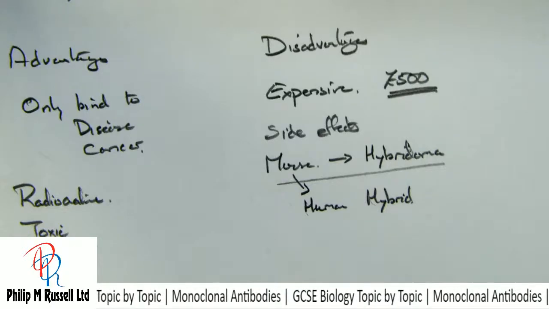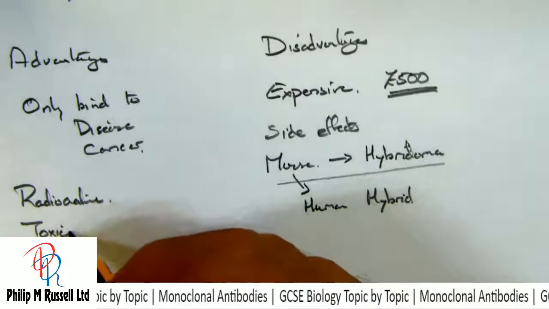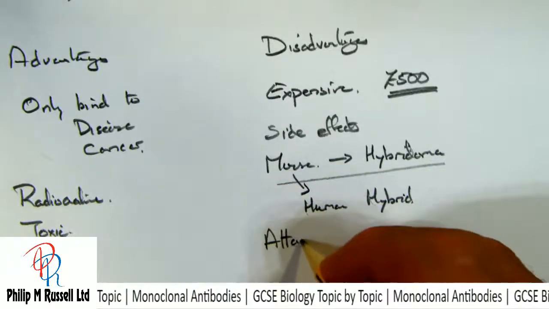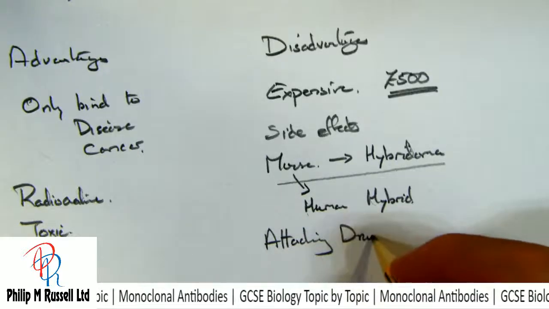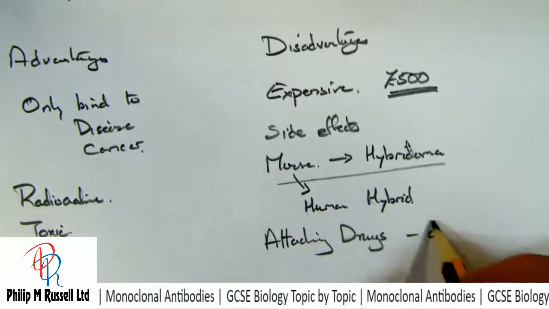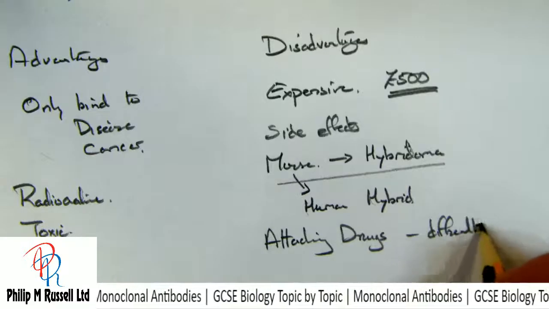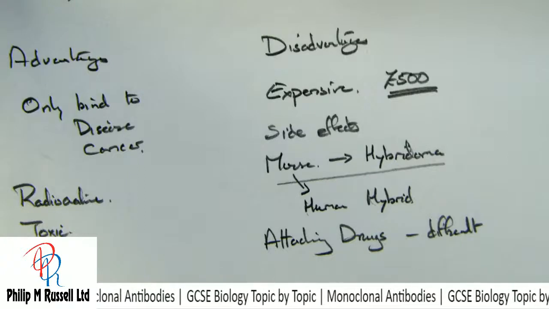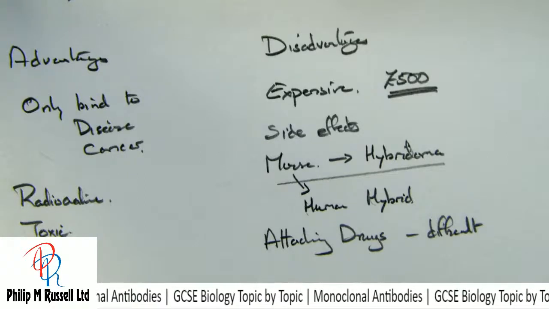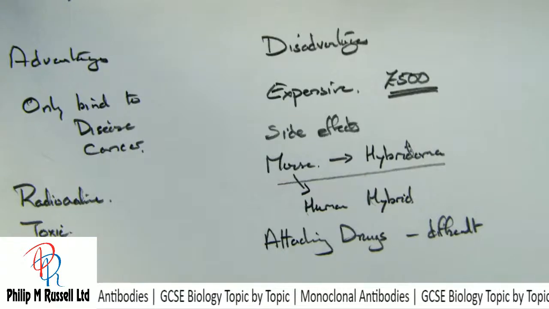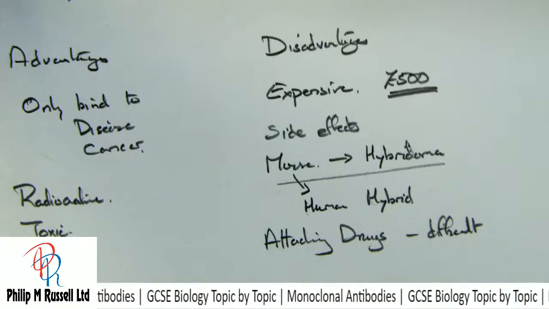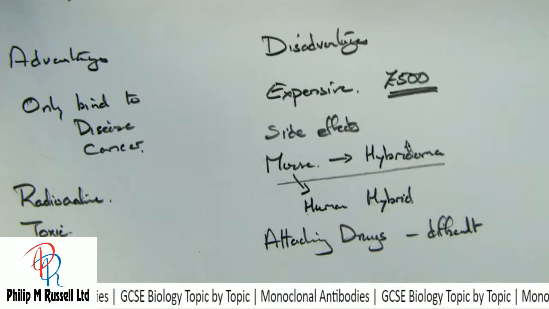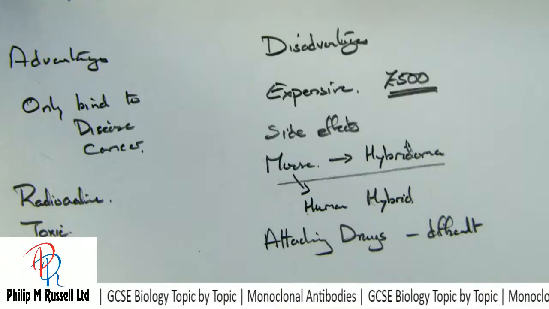However, attaching drugs to a monoclonal antibody or radioactive sources is difficult and very time consuming. But we're making progress, and maybe at the moment we've got some part of one of these magic bullets, even if we haven't got the whole thing.